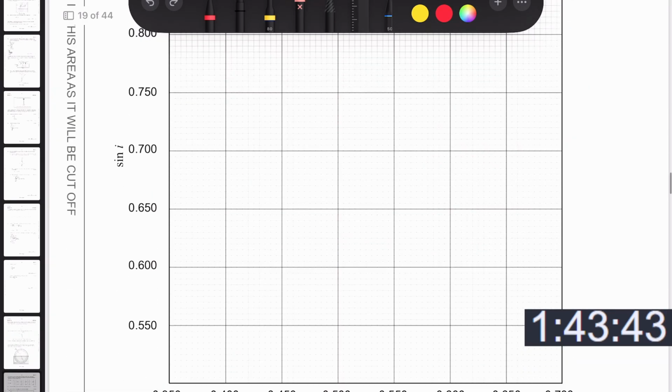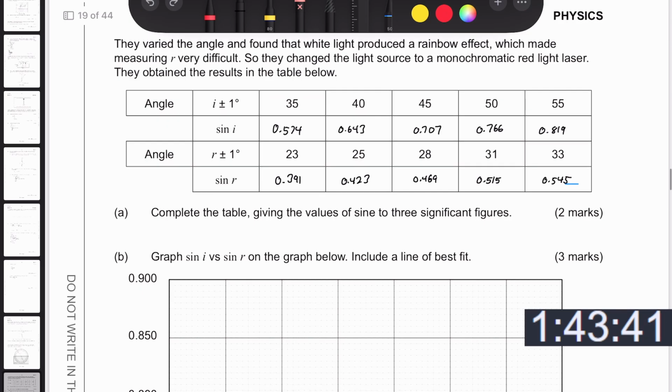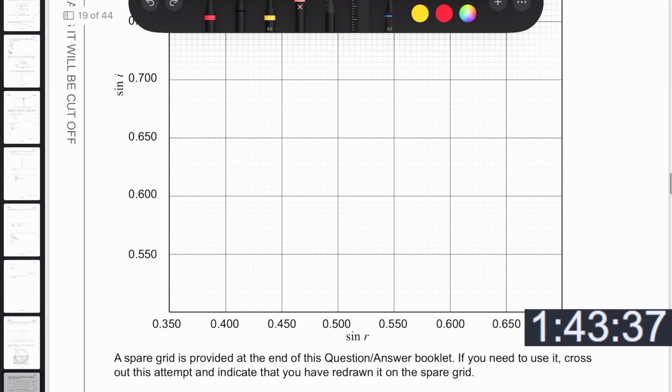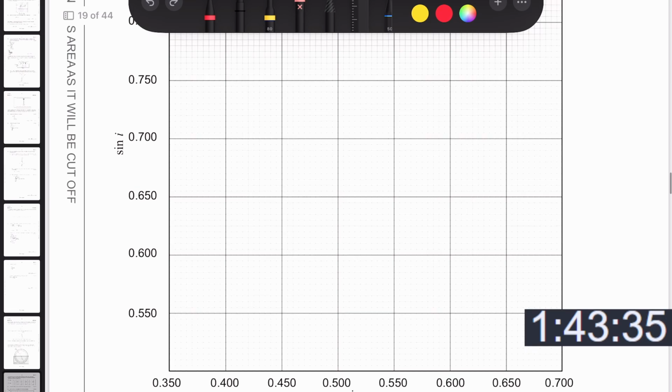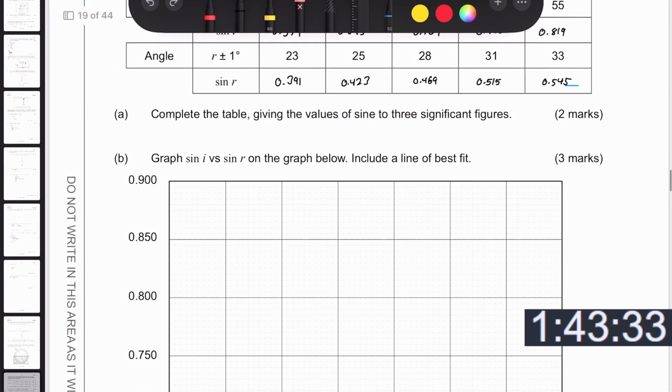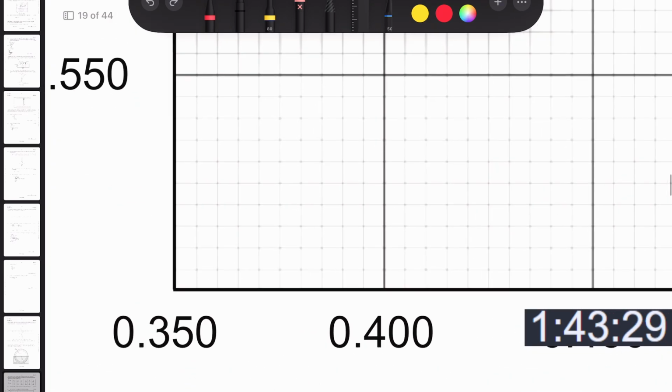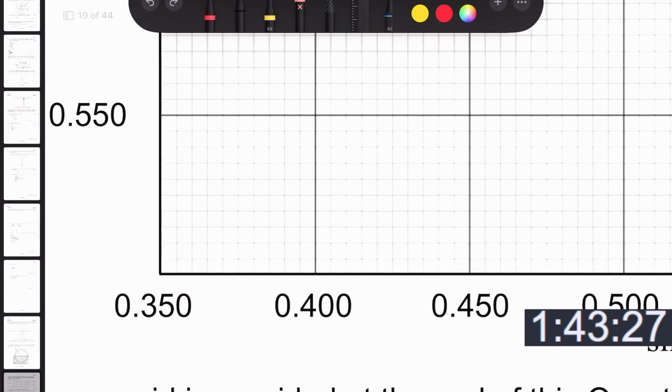So sine of I versus sine of R. So if R is 0.39, then sine of I is 0.574. So each of these is 0.05, and there's like 1, 2, 3, 4, 5, 6, 7, 8, 9, 10 of them.